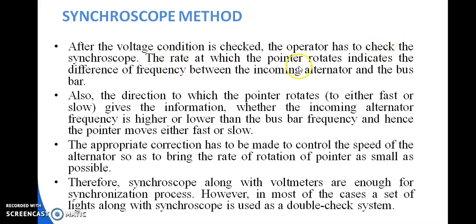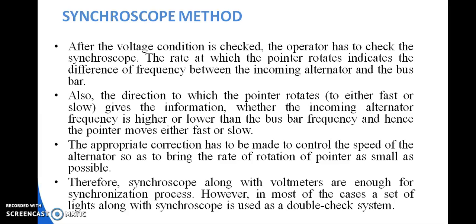The rate at which the pointer rotates indicates the difference of frequency between the incoming alternator and the bus bar. Also, the direction in which the pointer rotates, either fast or slow, gives the information whether the incoming alternator frequency is higher or lower than the bus bar frequency.